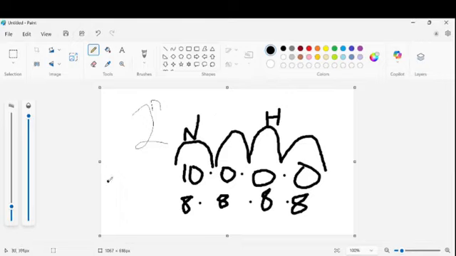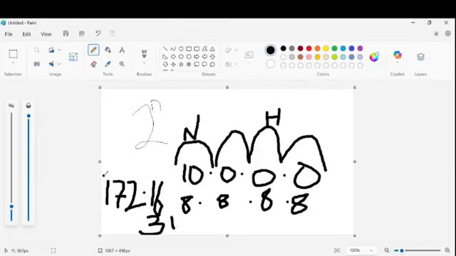Class B usually starts from 172.16. That is how it usually starts, and goes to 172.31. So if you see any IP address like 172.16.17.18 down to .31, then you are probably talking about a class B private IP address, right?